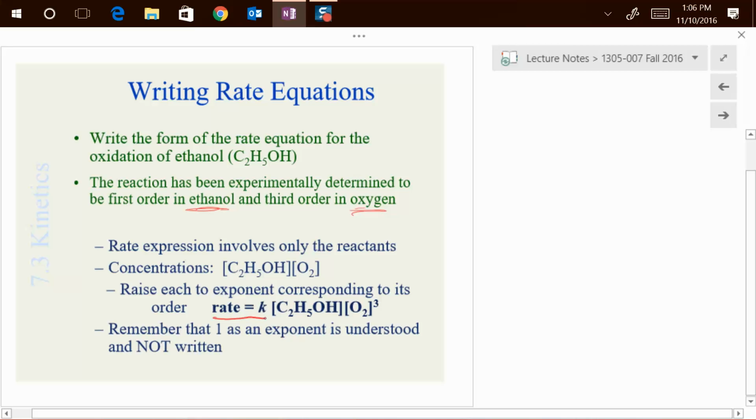Rate is equal to the rate constant times the concentration of ethanol times the concentration of oxygen. Now look what they told you. First order ethanol, third order oxygen. So I'm going to cube O2, and I'm going to leave this one just as it is. Okay? So it's understood that the 1 is the exponent if we don't write it.